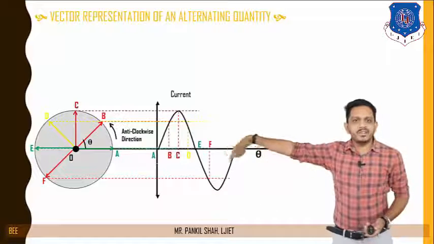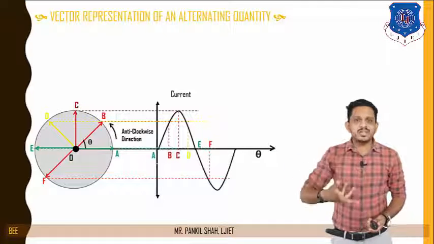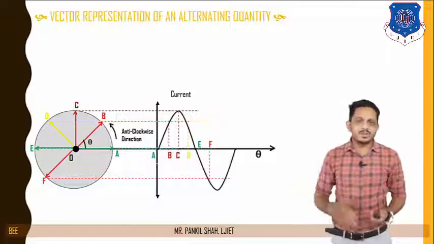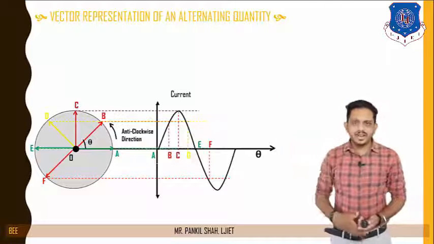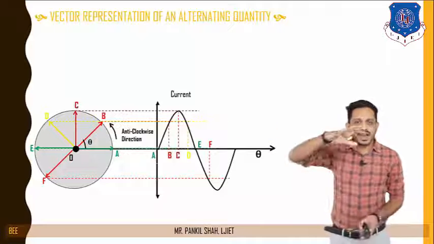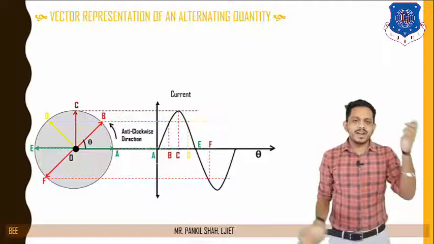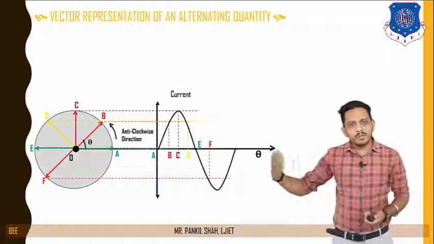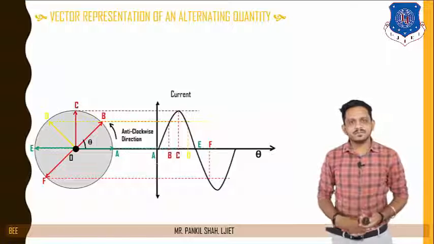You can see in the red line there is an F point, but this is in the reverse direction, the negative direction, because in the upper half the coil has rotated completely and now the coil is rotating in the lower half. So the N and S poles are reversed, the coil has reversed the polarity, and that's why now the magnitude will be obtained on the reverse side, the negative side.